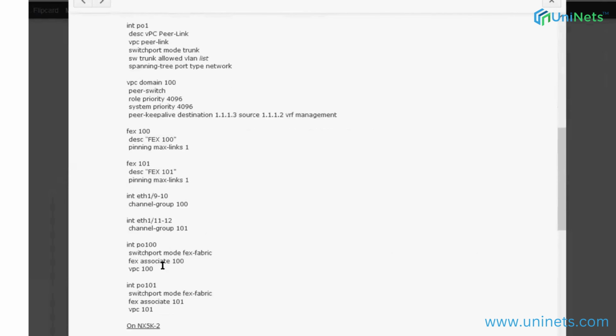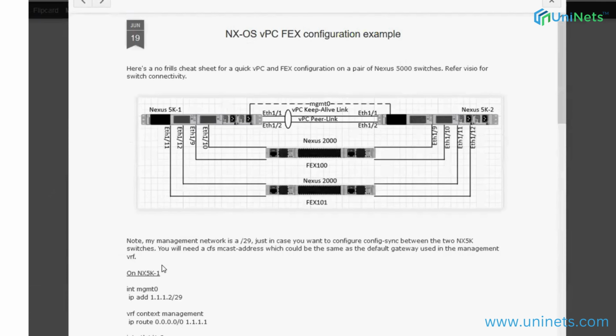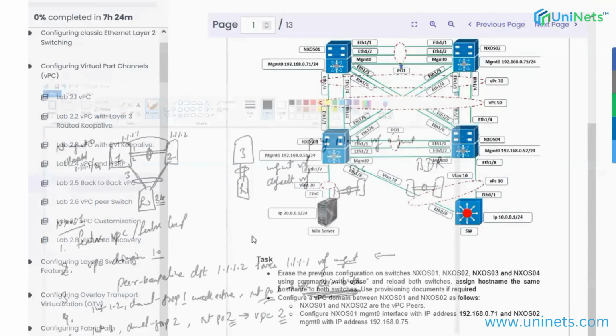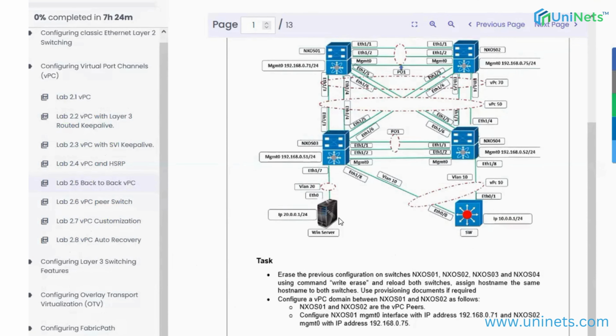This is 5. VPC deployment is part of 7K deployment, according to Cisco Press. So we don't have a FEX configuration. Oh, okay. This is a normal switch. This is Windows 7, so we don't have a lab.